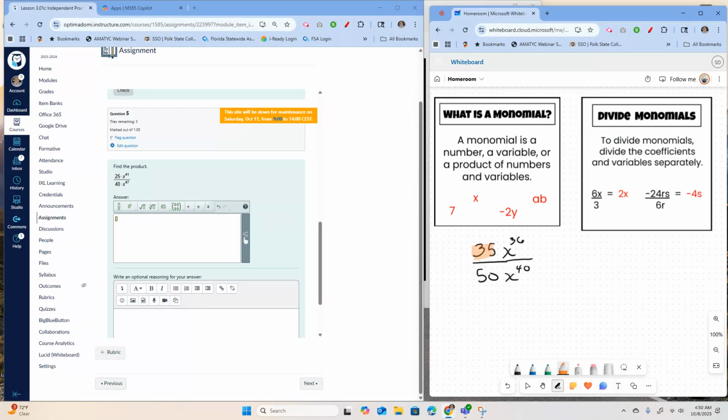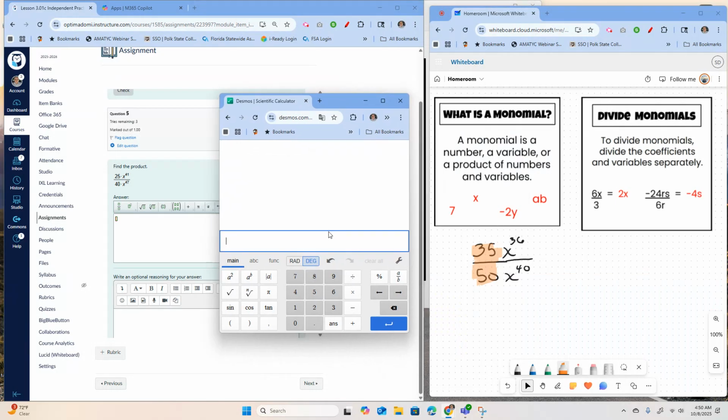We're going to divide the numbers with the numbers. Let's divide them. Use the calculator. So I'm going to do 35 divided by 50. And you can see I got a decimal. Now, even though you can write the decimal, in algebra, we prefer working with fractions. So I'm going to click on the circle, and you can see I got 7 over 10.